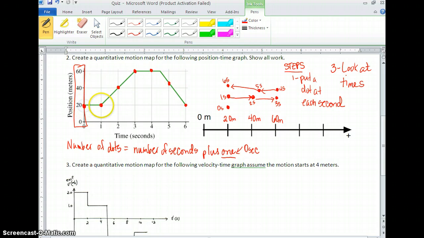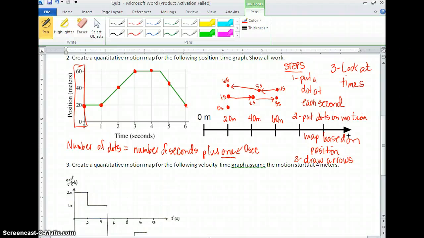We went through and we put a dot at each one of the seconds so that we know where they are. Step number 2, we're going to put dots on the motion map based on position. And step 3 then, we're going to draw the arrows. So those are our 3 basic steps for doing our motion maps.